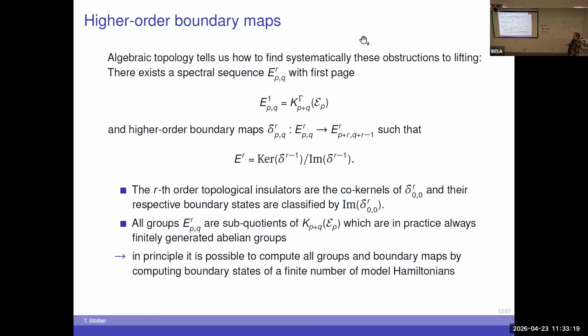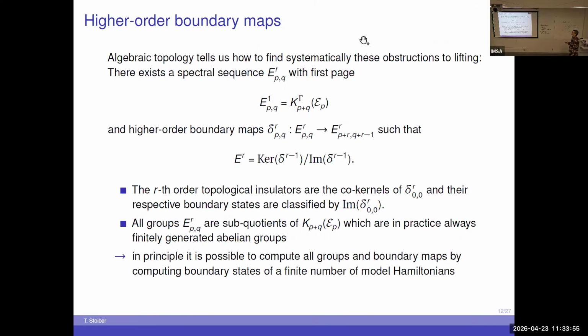And basically, in terms of physics, you get these homomorphisms between sub-quotients of these K groups, and the cokernels of these boundary maps are exactly the topological insulators of different order, and the images of these boundary maps describe the possible boundary states that you will find in your crystal.